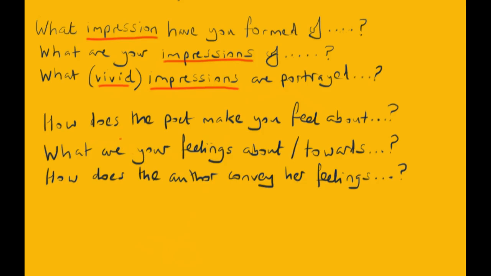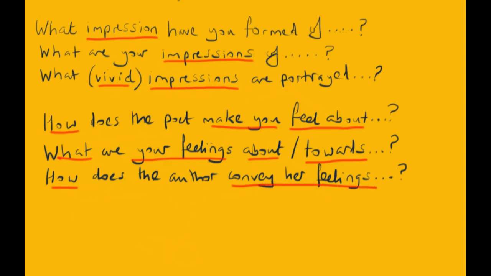Then secondly, how does the poet make you feel about something? Alternatively, what are your feelings about something or towards something? And how does the author convey her feelings?